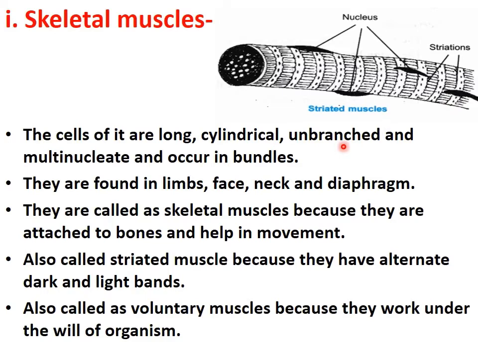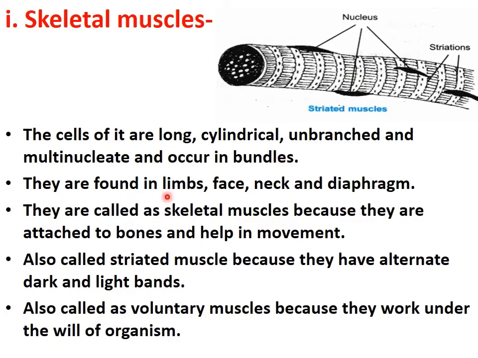Now what do you mean by multinucleate? Multi means many. It means this type of muscle has many nuclei. In the diagram also you can see many nuclei are present. That is why these are multinucleate and they occur in bundles. So this is all about the structure of skeletal muscles.